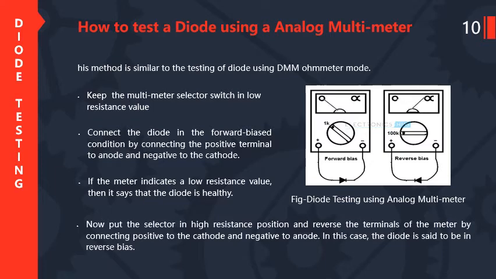Now put the selector in the high resistance position and reverse the terminals of the meter by connecting positive to the cathode and negative to the anode terminal. In this case, the diode is said to be in reverse bias.